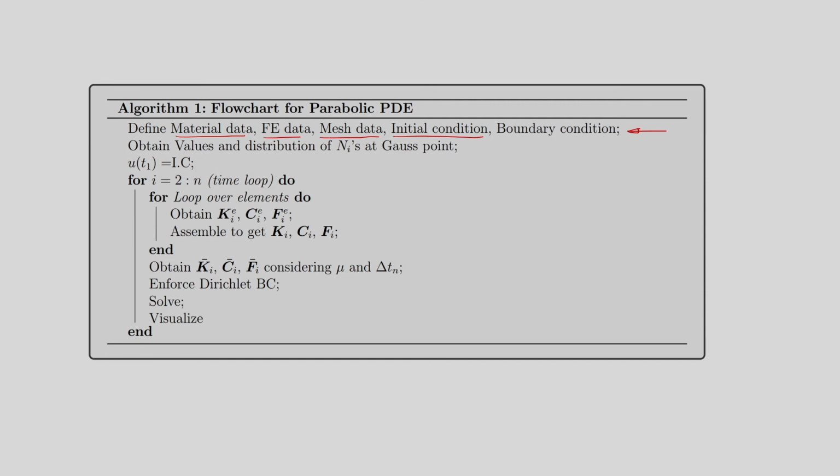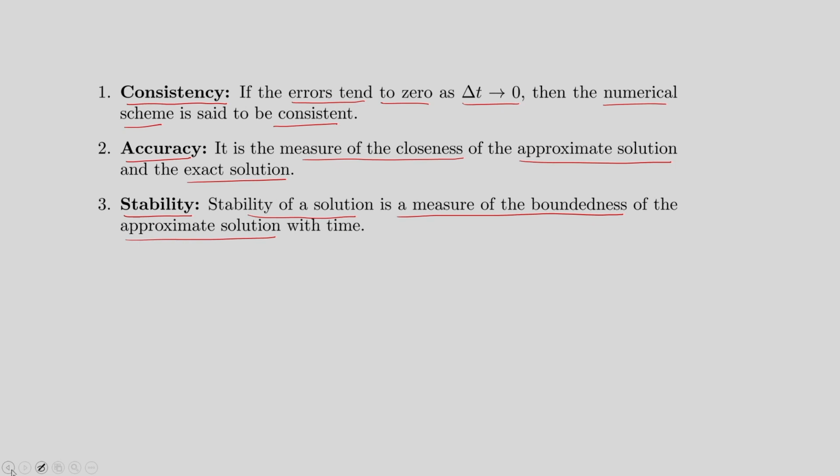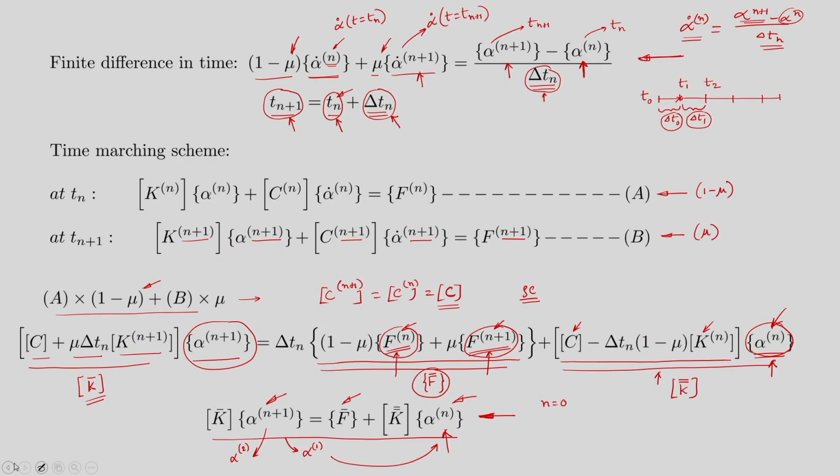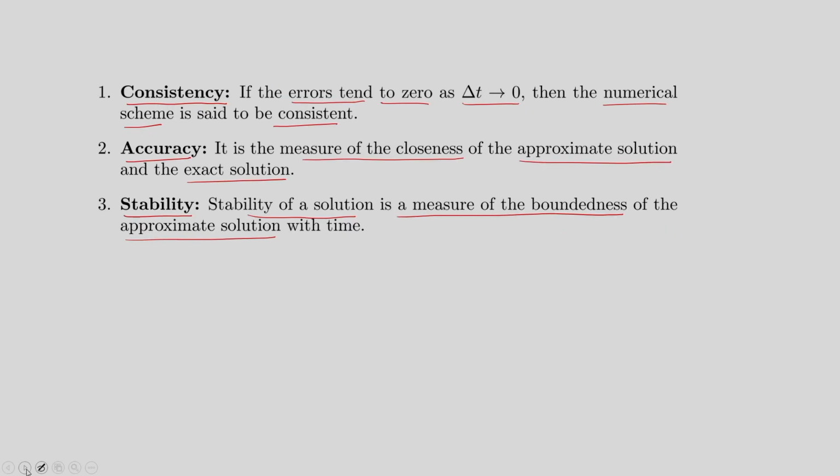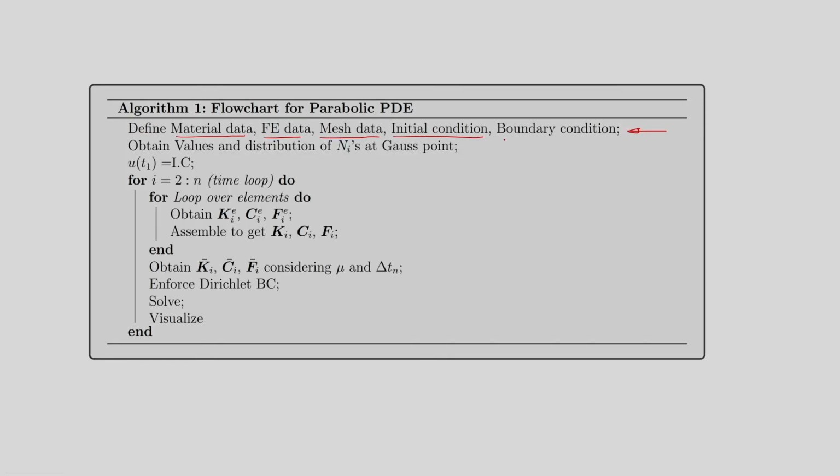If we go back, here you see we need the solution at alpha n, so at t n. So, it means that we need the alpha values, the nodal solutions at time t equal to t naught, and that we have to extract from the initial condition. Alright. So, that is the new part here, and in addition we have to define the boundary condition.